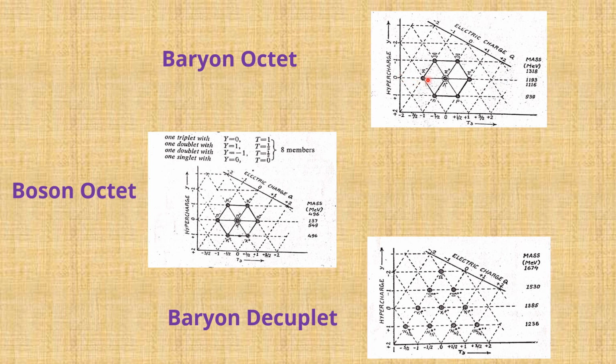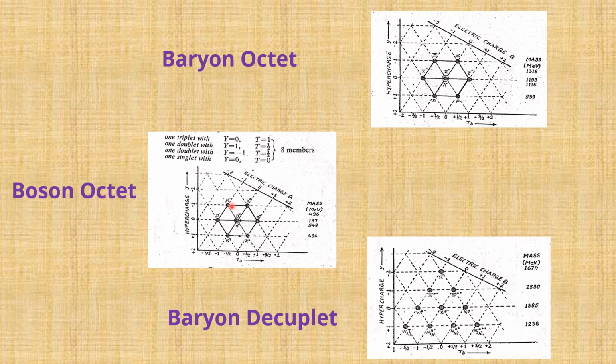Sigma minus and psi minus have electric charge minus 1, whereas these four elementary particles will have electric charge 0, and the lambda is the particle which has hypercharge 0. So this baryon octet and boson octet belong to the 8 member group.